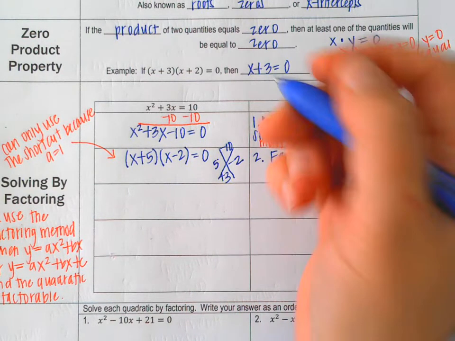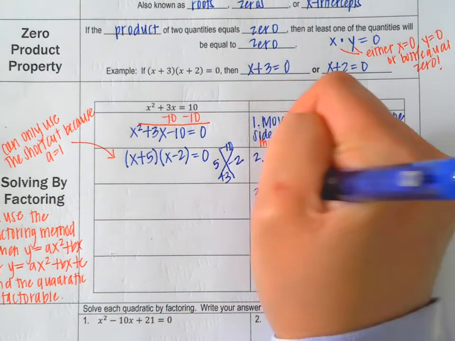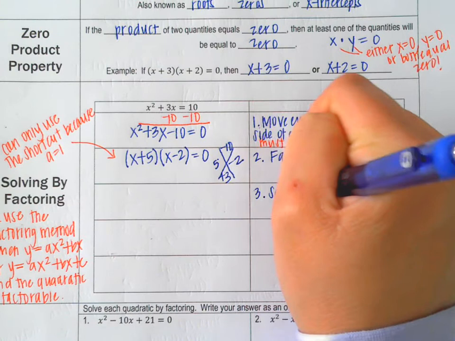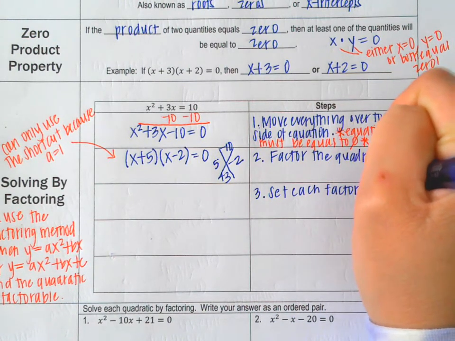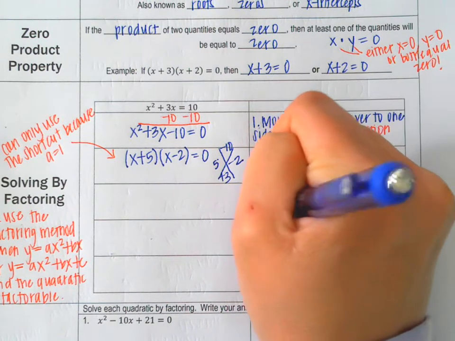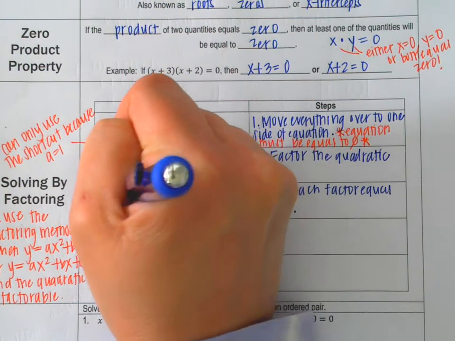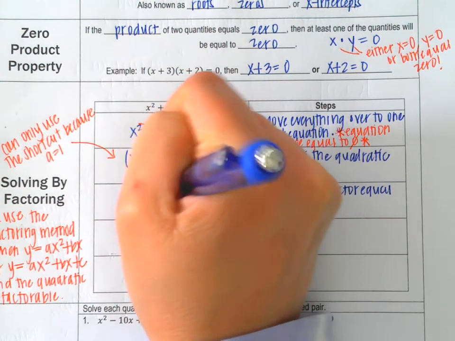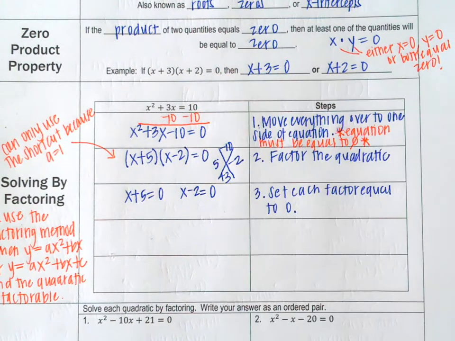So what we're going to do is set each factor to 0. So when I set each factor to 0, I have x plus 5 equals 0 and x minus 2 equals 0.